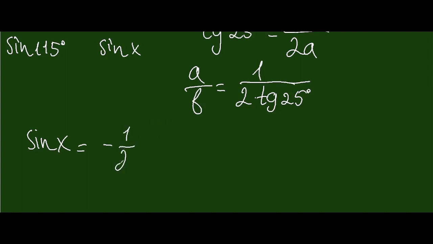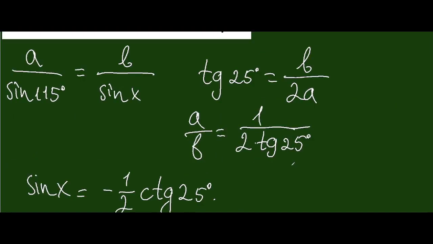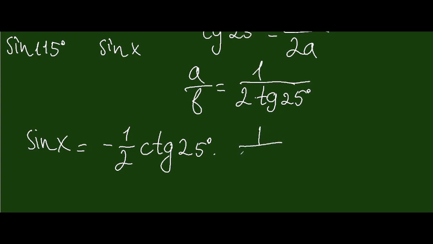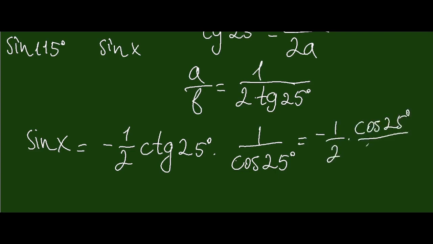We can write down 1 over 2 cotangent 25 degrees times 1 over cosine 25 degrees, and it will be equal to minus 1 over 2 times cosine 25 degrees over sine 25 degrees times 1 over cosine 25 degrees.